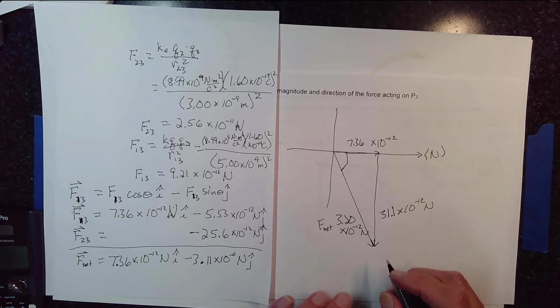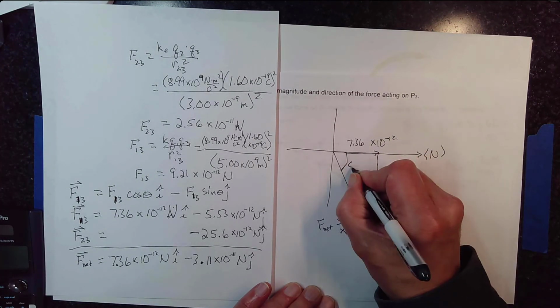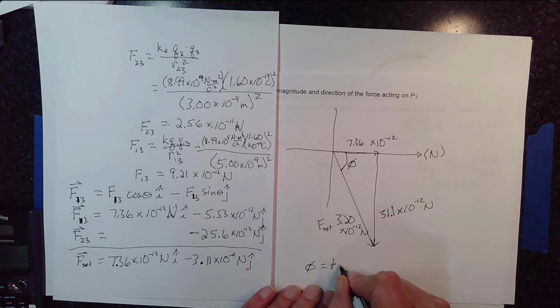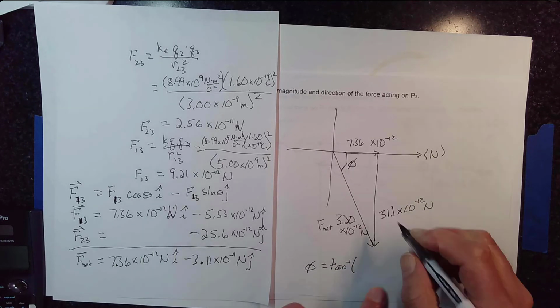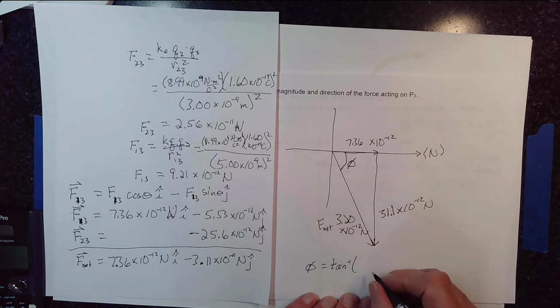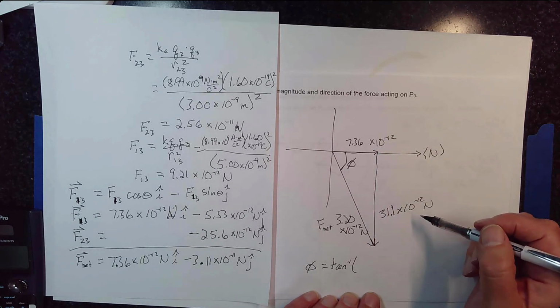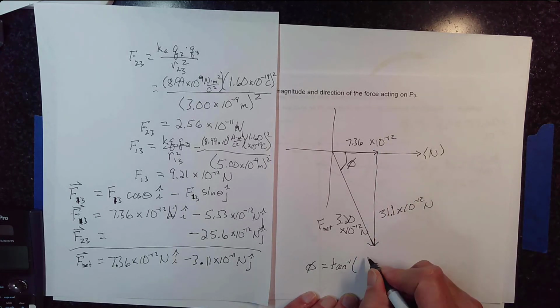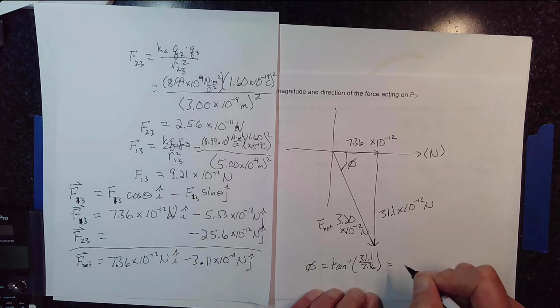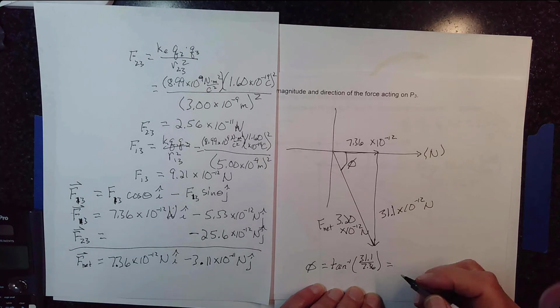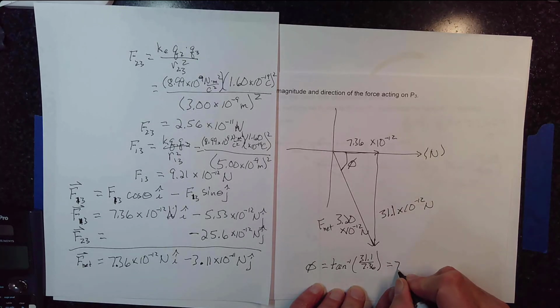And so I calculate this, and I'll call this angle phi instead of theta. So phi is the inverse tangent of the opposite over the adjacent, and actually they both have an exponent of 10 to the minus 12th, which I'm going to ignore because it'll divide out. So I'll say 31.1 over 7.36, and I get 76.8 degrees.